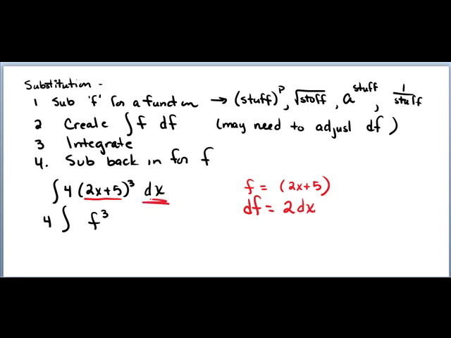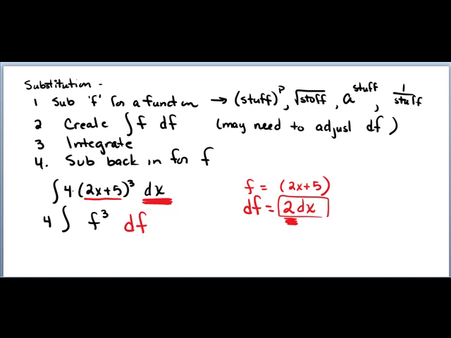I have a dx right here, but I don't have the 2 that I need to have df. So what I want to be able to do is write df right here. But I can't write df if I don't have a 2 dx. And all I have is a dx.